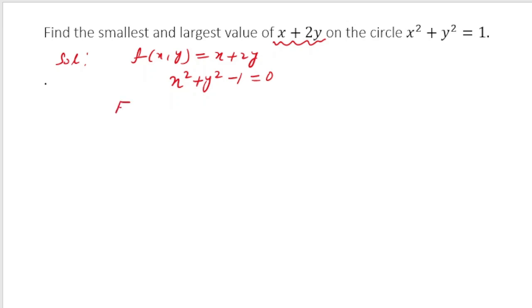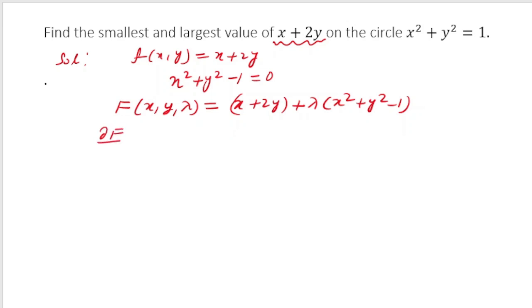The process remains the same. We have just one constraint, so we write the auxiliary function, f of x comma y comma lambda, that is the original function, x plus 2y, plus lambda times the constraint, x square plus y square minus 1. Step number 1, we differentiate the function f partially with respect to the first variable x.